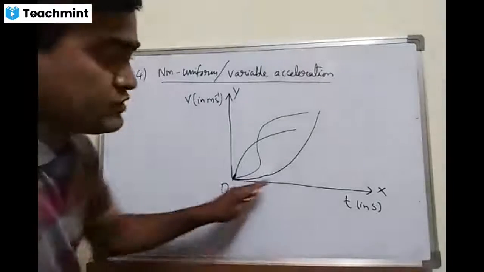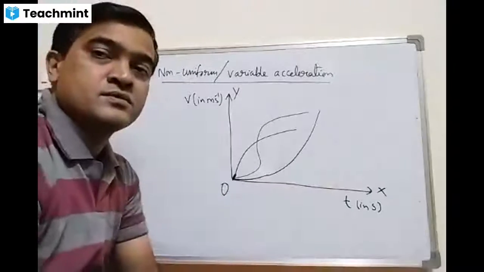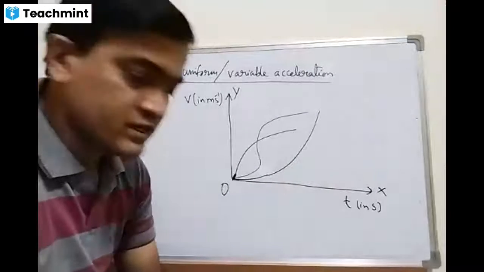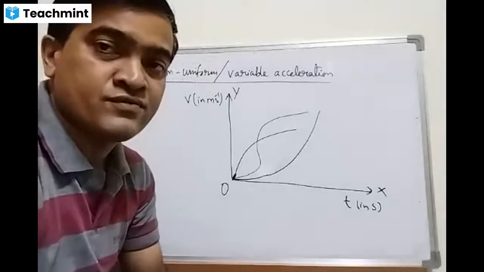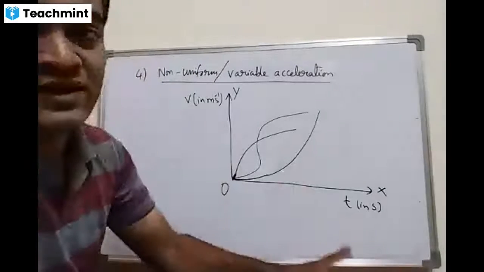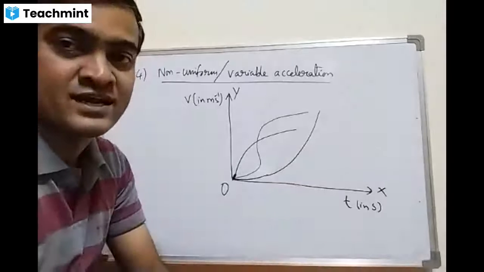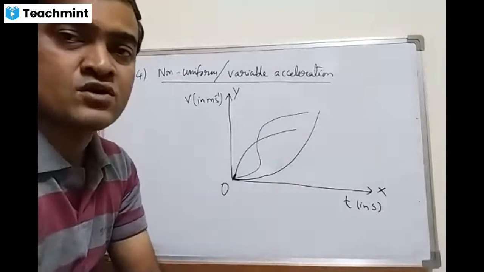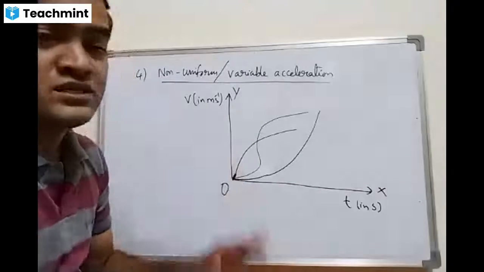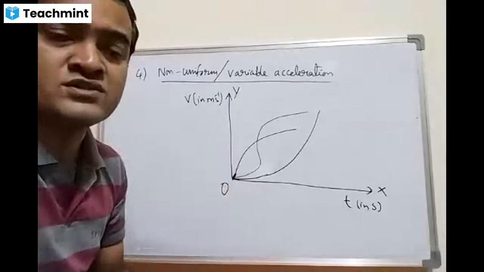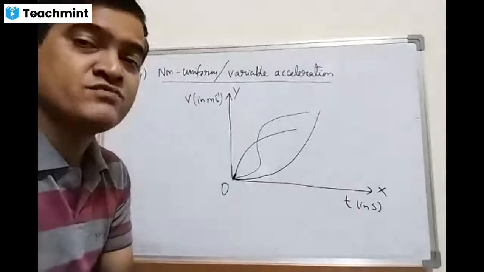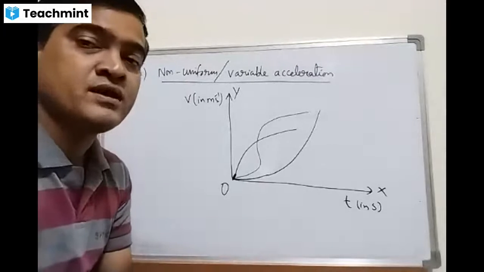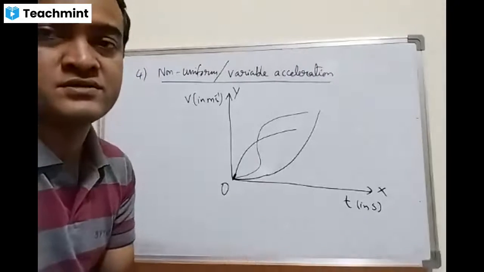Whenever you get a curve for a velocity-time graph, as the curve is not a straight line, acceleration is not constant, because if you measure the values of velocities, the velocities will change. Change in velocities will not be the same at equal time intervals.